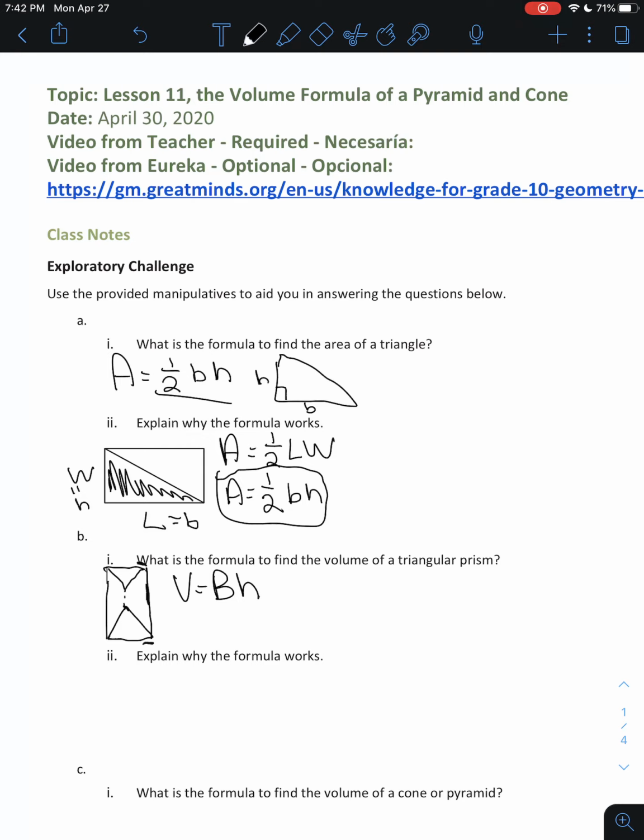Now for a triangular prism in particular, we know that the base is a triangle, right? Each side has a triangle on it. And so we need to find the area of the triangle. Well, we know from before that the area is 1/2 base times height.